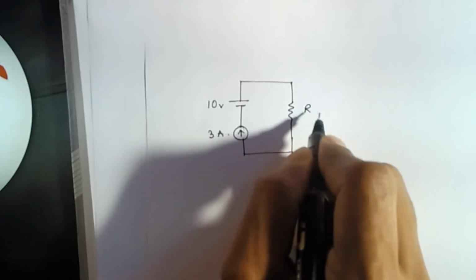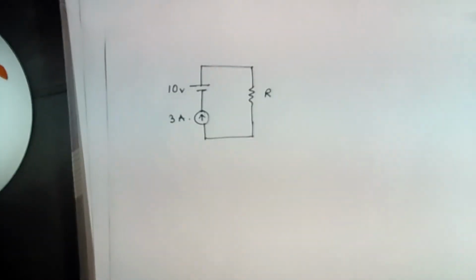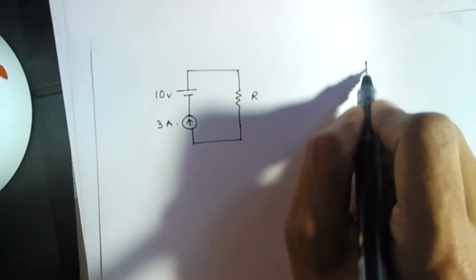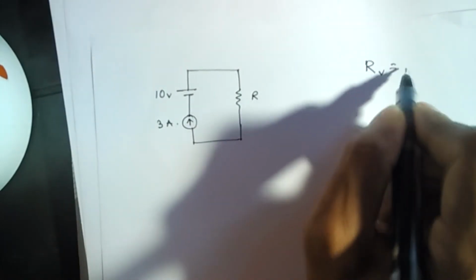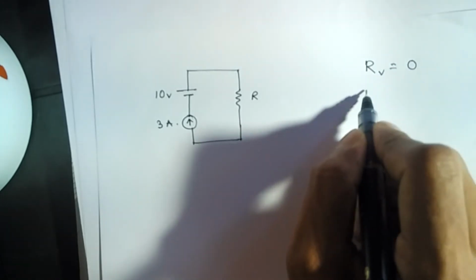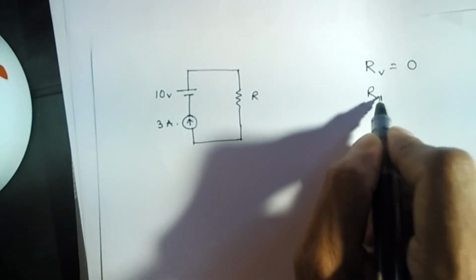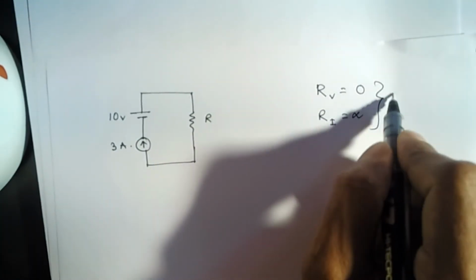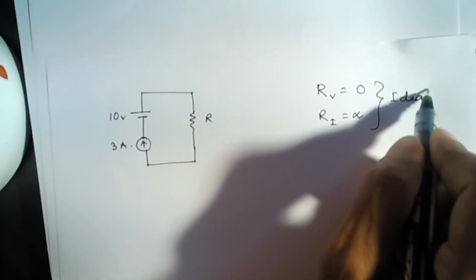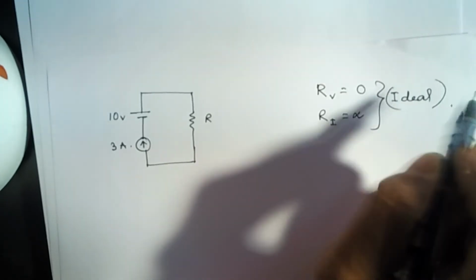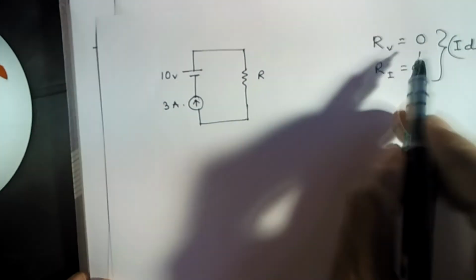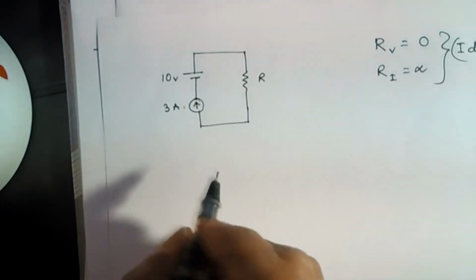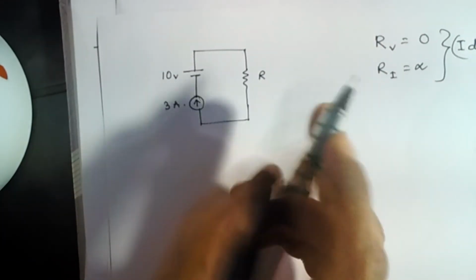This is R. We all know that the internal resistance of a voltage source is 0 and the internal resistance of a current source is infinite. This is in ideal cases. Practically it's not 0 and this is not infinite.